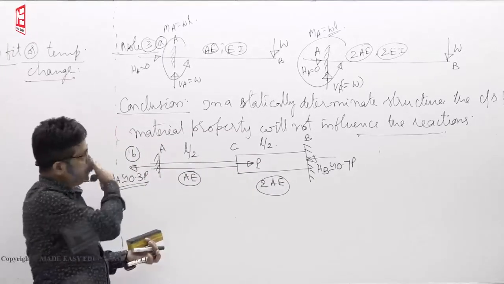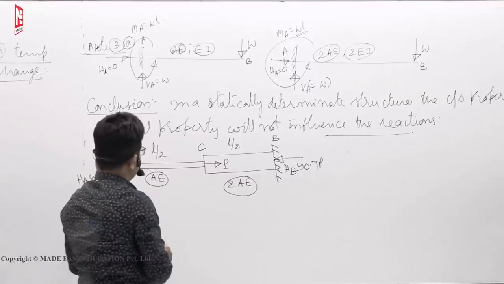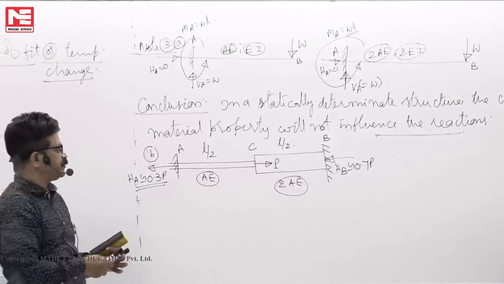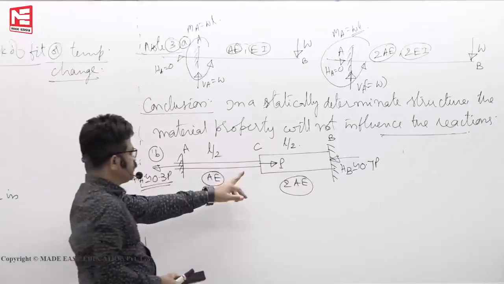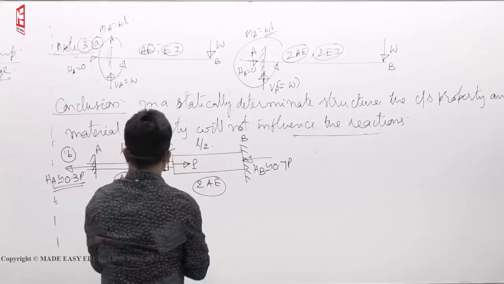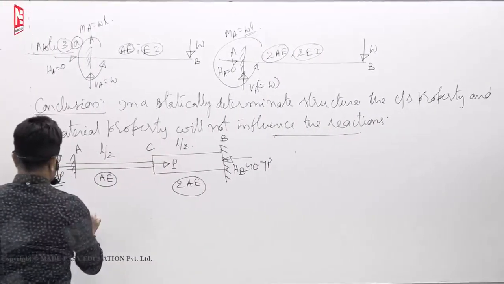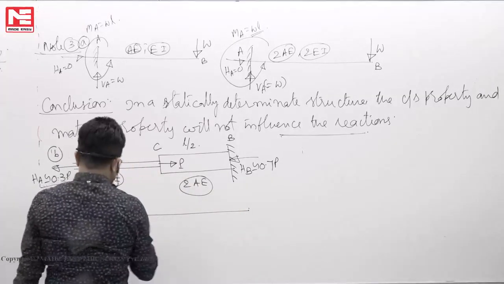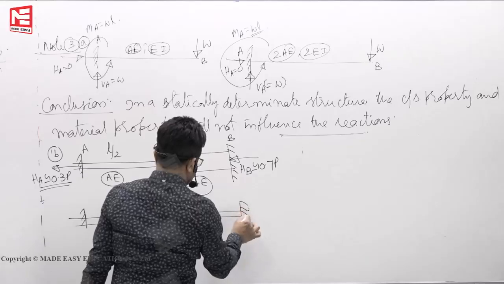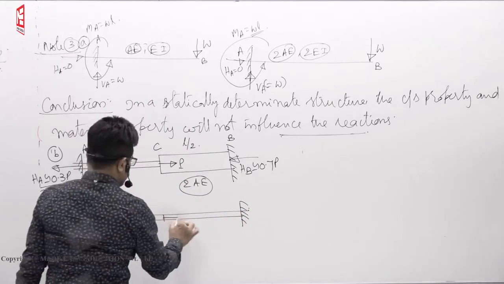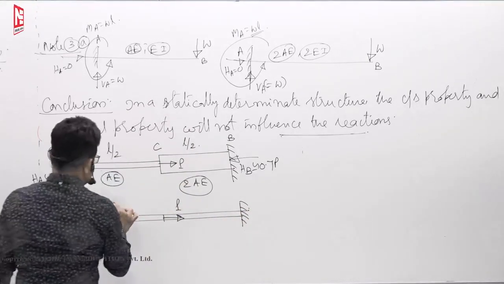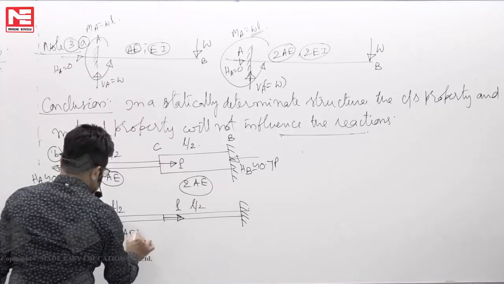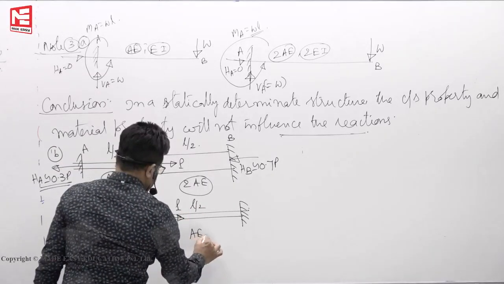Supposing this bar has load P, length L by 2 and L by 2, axial rigidity AE on both.